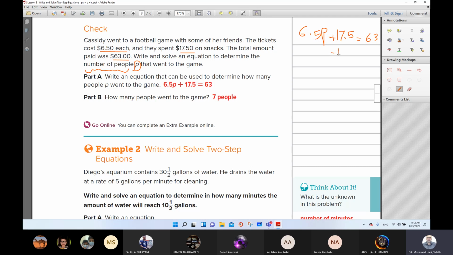So you can add the inverse, minus 17.5 on this side, and minus 17.5 on the second side. 17.5 and minus 17.5 will be 0. It means on the first side, 6.5p equals, on the second side, 63 minus 17.5.